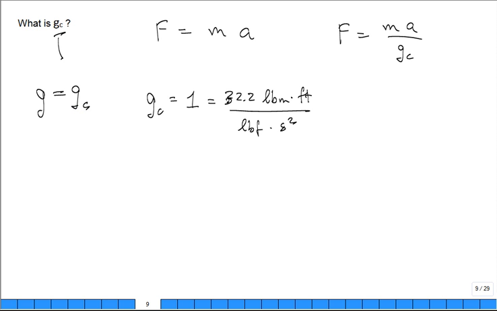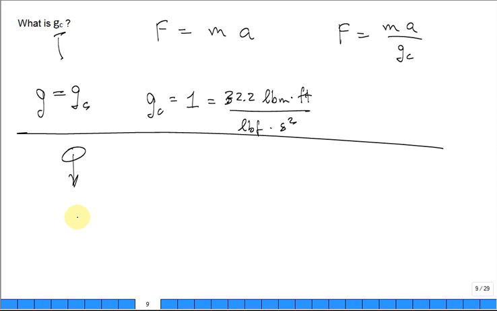No, G sub C is one, dimensionless. We use it as a unit conversion factor to help convert units. And G is actually full of dimensions, not dimensionless. And if I drop an object at Earth's gravitational field, that's exactly the acceleration it'll experience. True? So if I take an object right here and I let it go, does F equal ma apply?